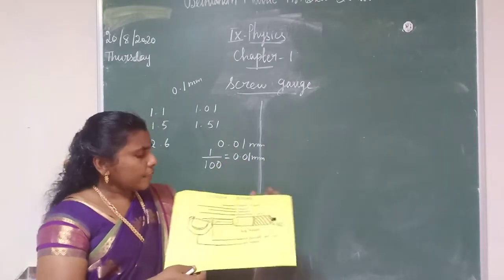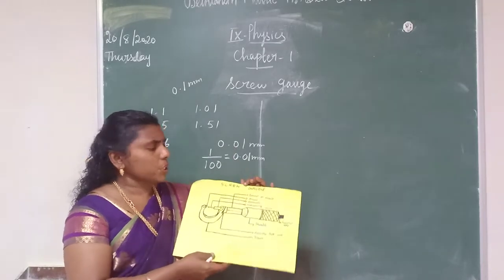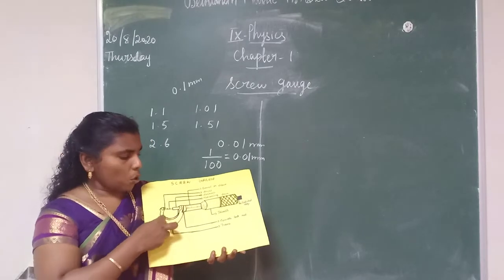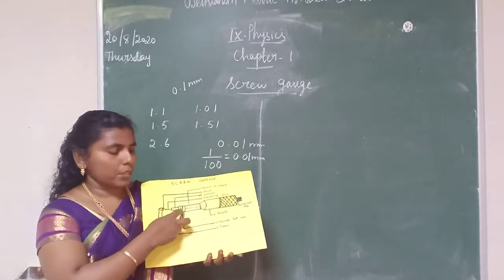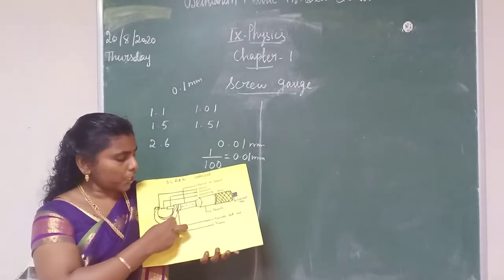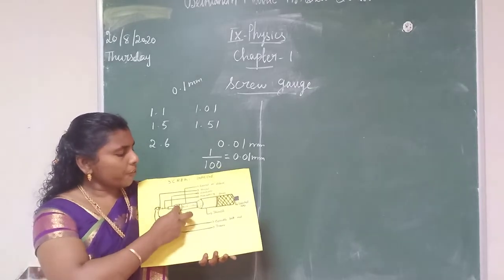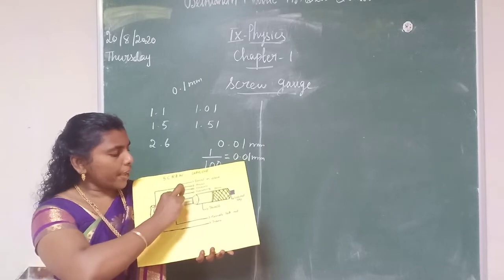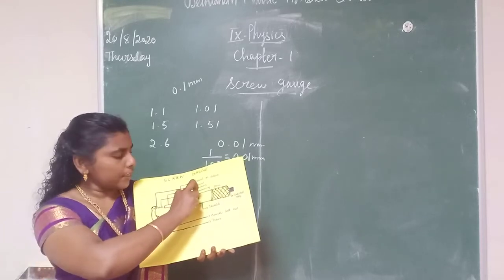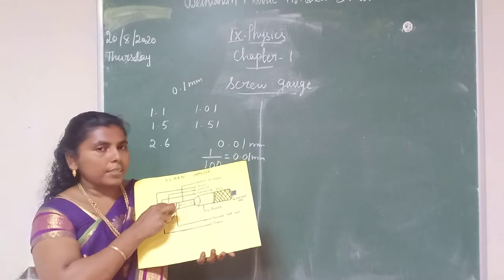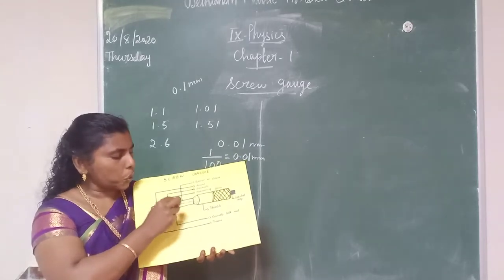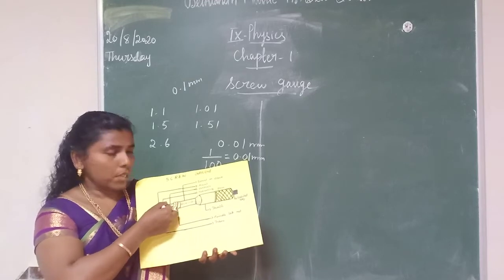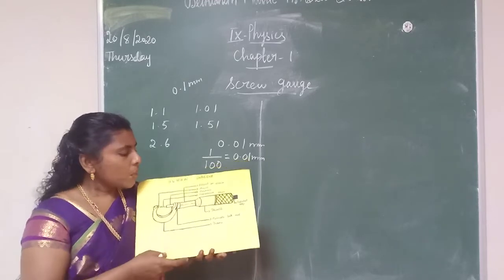Then we can see the description of a screw gauge. Look at this picture. The screw gauge consists of a U-shaped frame. At the end of the frame, a hollow cylinder is attached. Inside the cylinder, grooves are attached so that the tip of the screw will move inside and come out when we are using it.